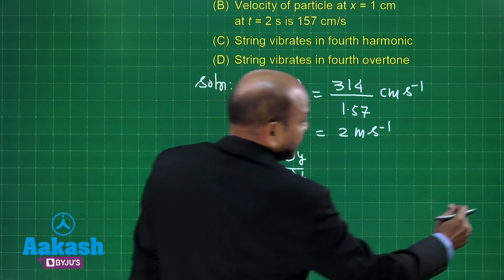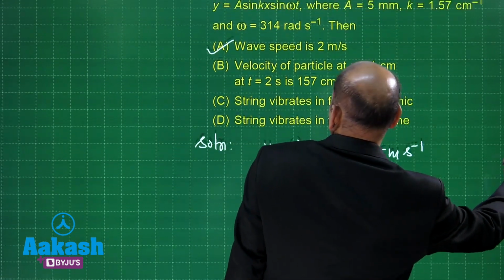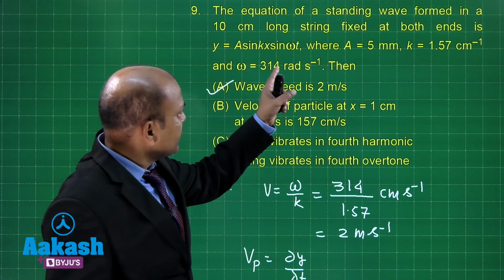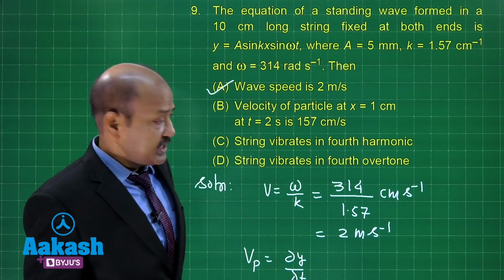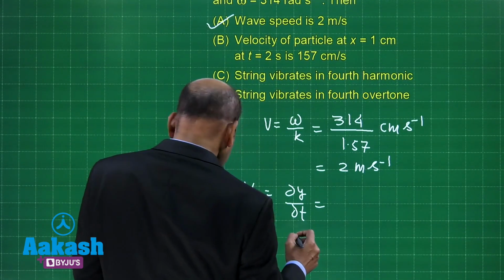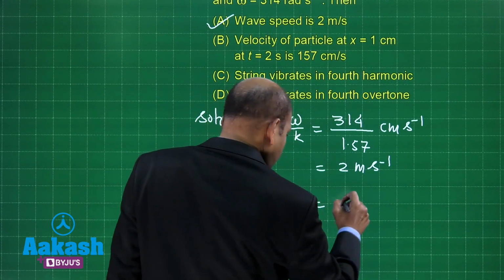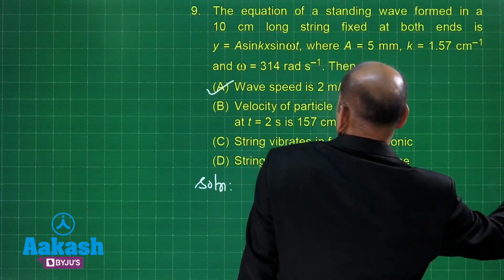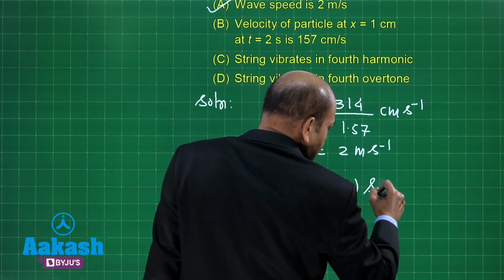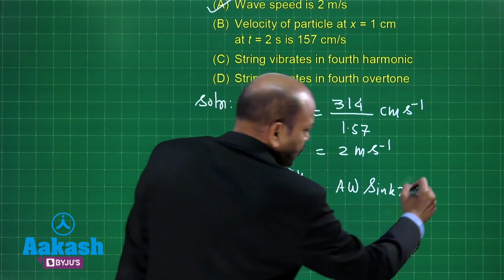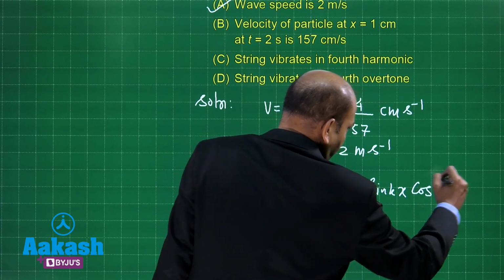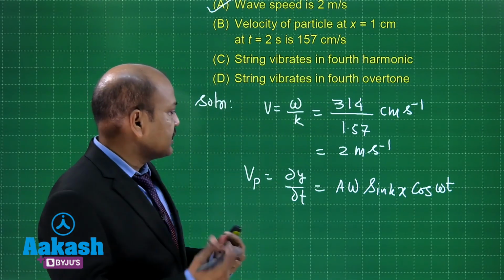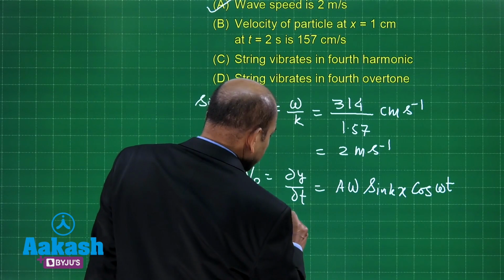Let us take the partial derivative of y with respect to t, and that will become a omega sin kx cos omega t. We now have to plug in these values of x and t and check what is the particle velocity we are getting.